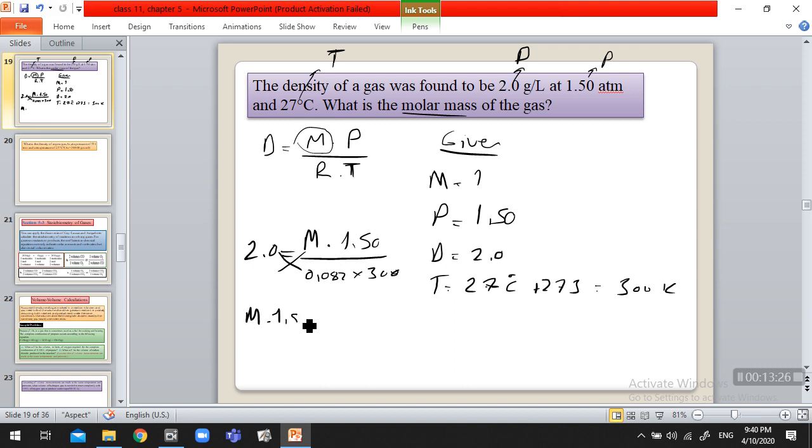M times 1.50 equals 2.0 times 0.082 times 300.